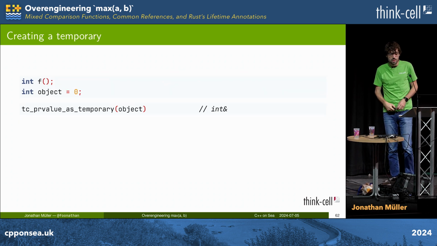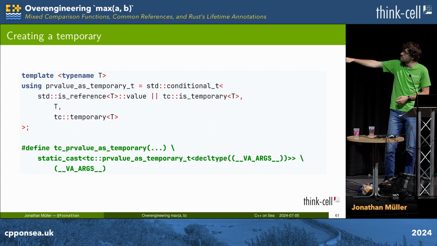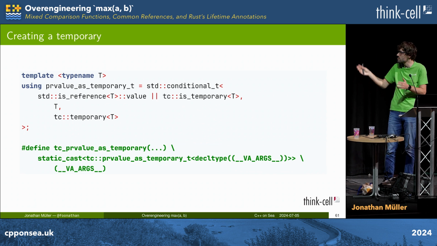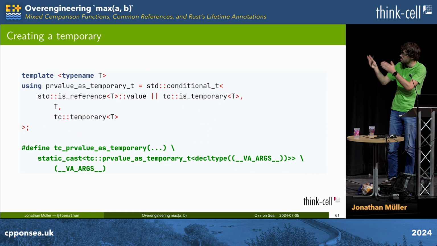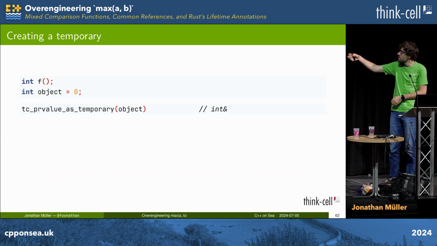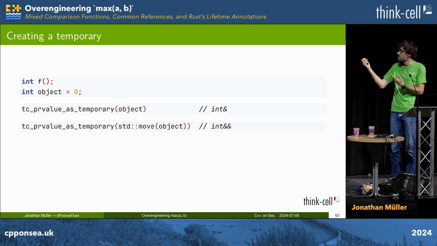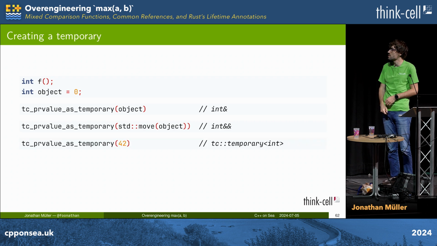So let's take a look. If we call TCP R value as temporary with just an object, then it gets an int ref, because crucially, we're using decltype with double parentheses. Decltype of an identifier has special rules that we don't want, so we have to turn it into a different form. It's just annoying. So decltype of object with parentheses is an int reference. We don't wrap it, we just keep it as an int reference. If we move it, we have an int ref, we keep it as is, because it's not a temporary.